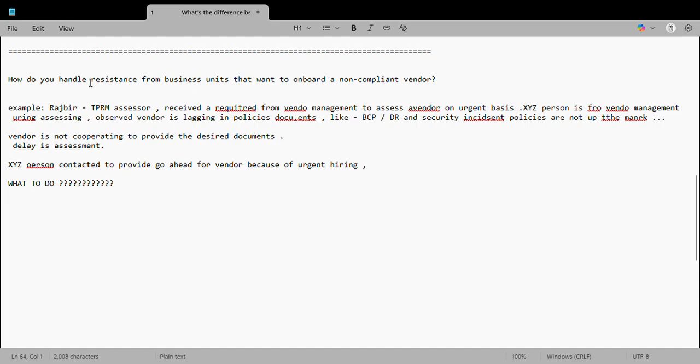So this is exactly the question: how do you handle the resistance from business units that want to onboard a non-compliant vendor? As you can see, the vendor is non-compliant because they are lagging in providing the security and all certificates. But the business unit wants to hire because of the urgency. So in this case, guys, do not argue with the business units.